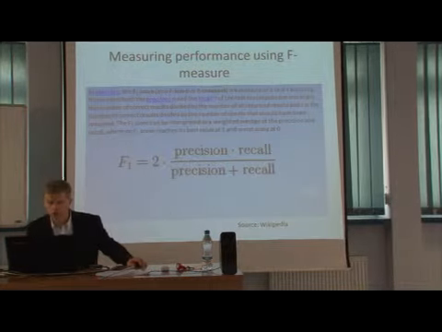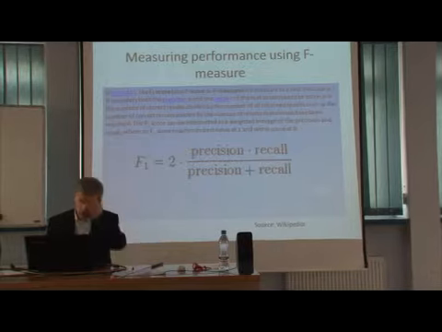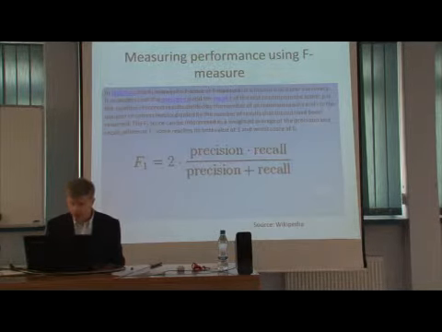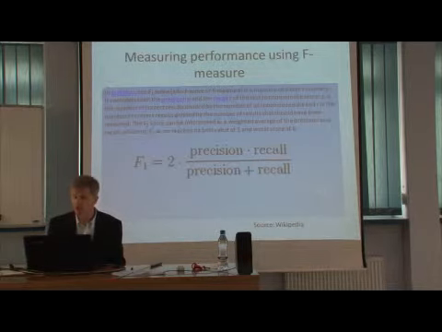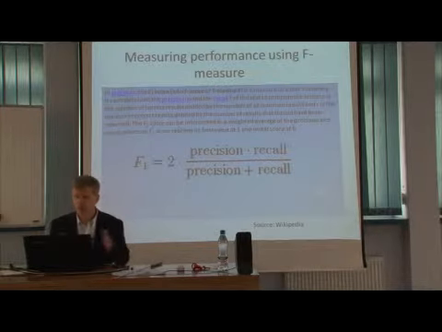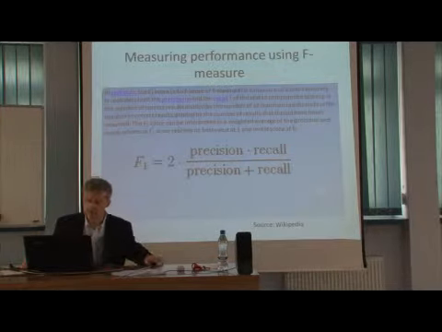All right, so this is the formula for the so-called F measure or F1 score, and it says that to get the F measure, you multiply precision times recall and divide by precision plus recall. And you multiply by 2 so that the final number is between 0 and 1.